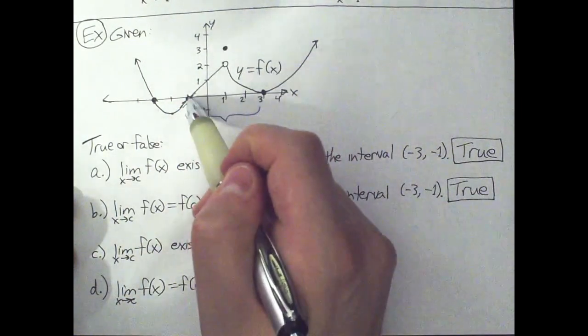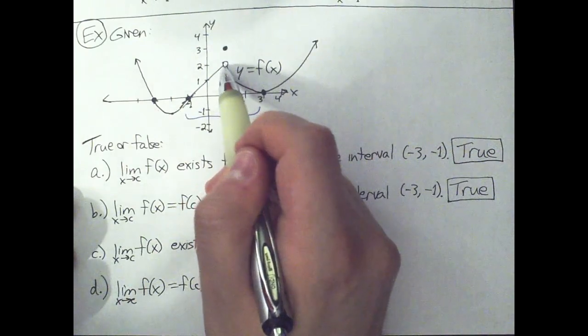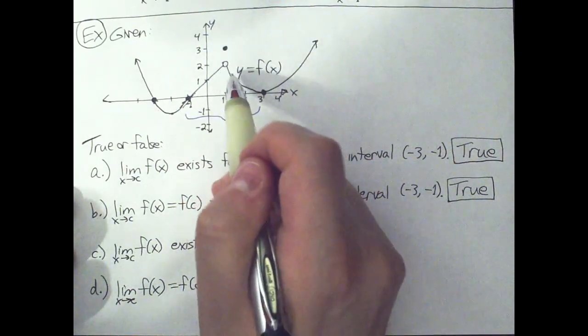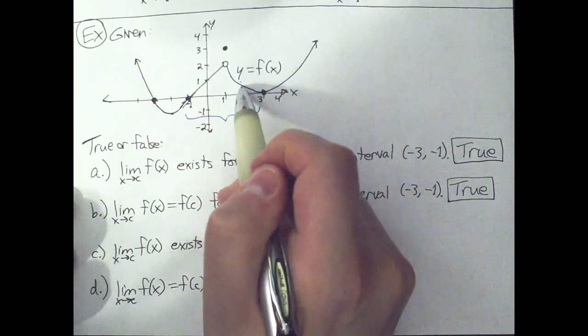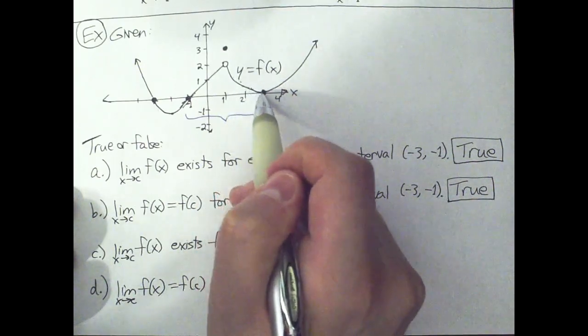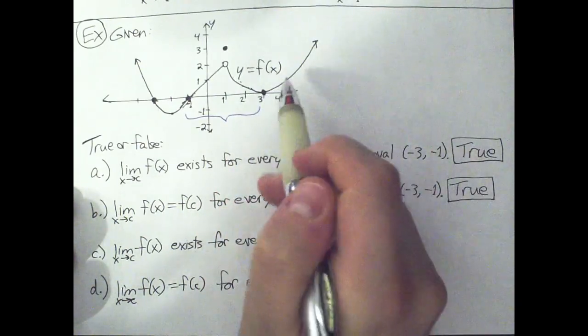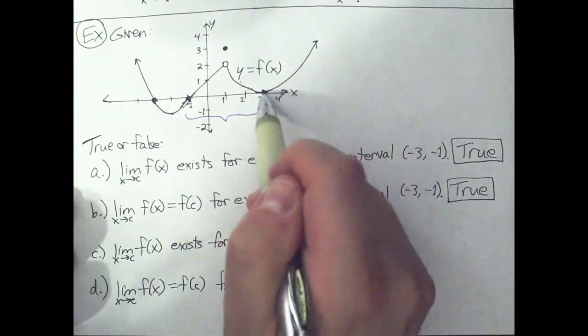All right, the limit looks like it exists here. Looks like it exists here. This looks like a weird place at 1. Let's skip that for now and come back to it. I think as we go down this hill, it looks like the limit would exist everywhere here. And 3 is the endpoint, and it does look like the limit exists there. We'd approach from the left or the right, and we'd get the same thing.